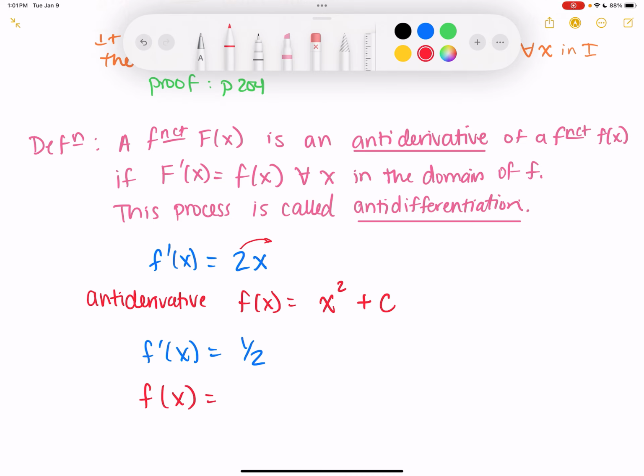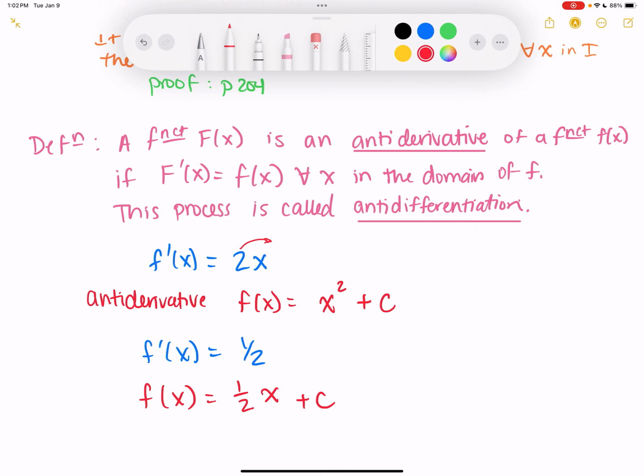So if there's no variable here, what does that mean the power was before? X to the 0. So this is going to end up being just 1/2 x, because right now we have x to the 0, so we essentially added 1, and then we're going to add that plus c.